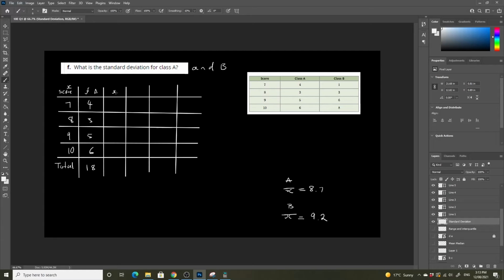Then we put in our mean, and our mean for class A was 8.7. The next thing we need to do is our score minus our mean squared, and then our frequency multiplied by our score minus our mean squared.